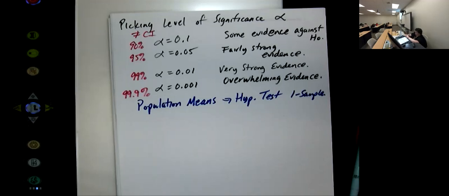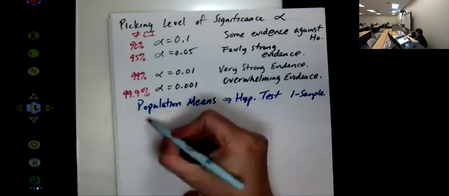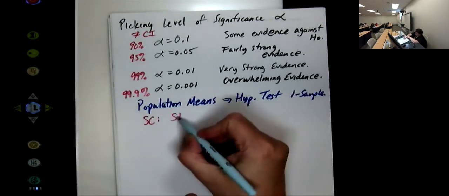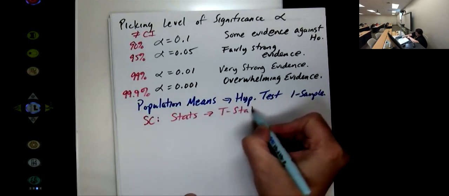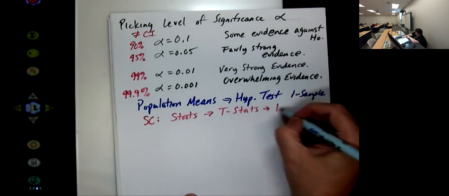We are going to do this in StatCrunch: Stats, T Stats, One Sample.